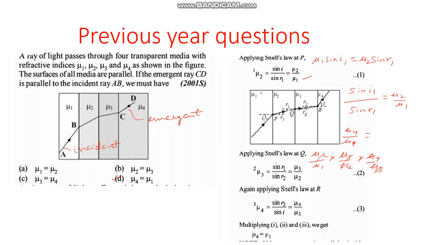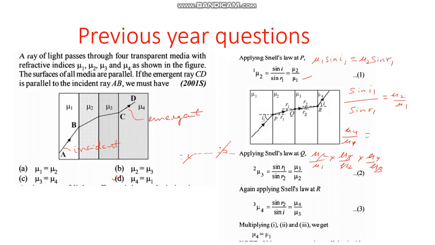You are left with sin I by sin I, because these two lines are parallel. See, one line is like this, another line is like this, you draw a line between these two parallel lines. Obviously this angle and this angle will be equal.